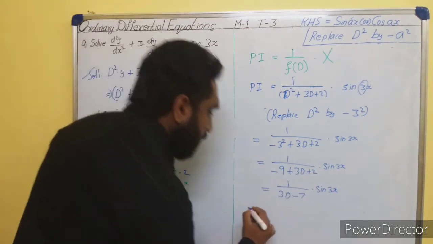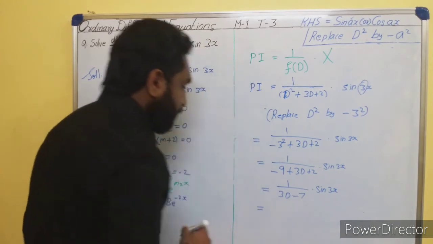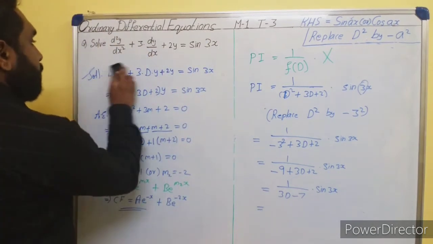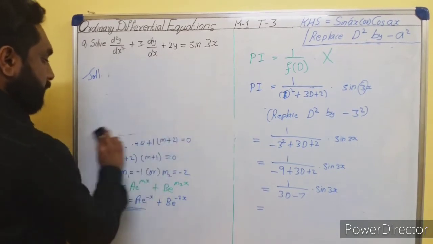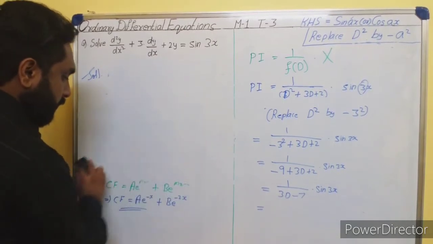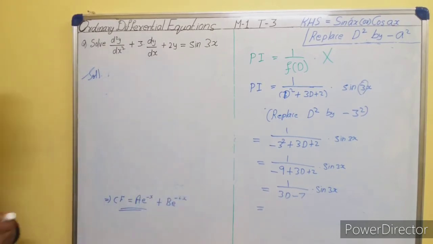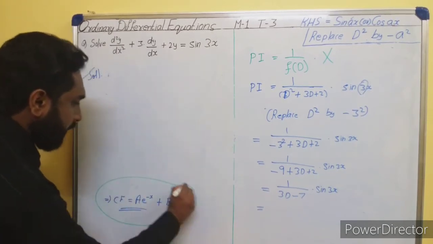So let's write on the right side of the board. This complementary function, we have to write it later, so let it be there.